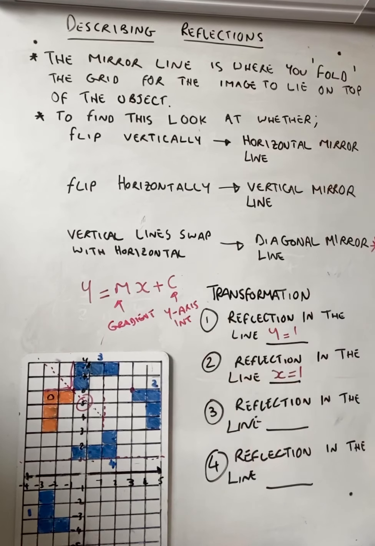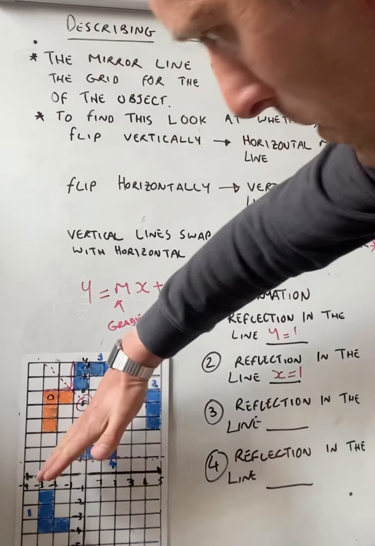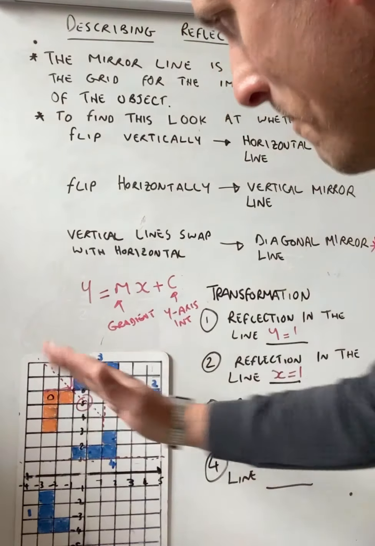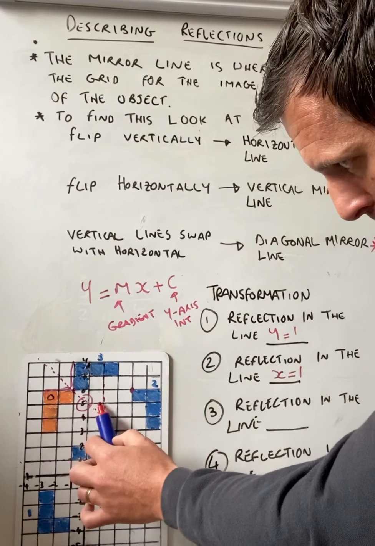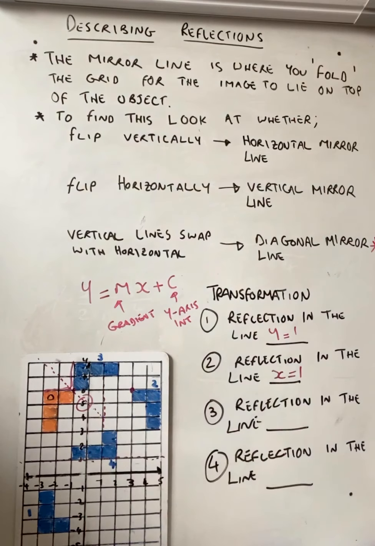Now, for the purpose of all of our transformations on a grid using diagonal lines, we're just going to use simple diagonal lines which have a gradient of +1, which is a positive gradient, or -1, which is a negative gradient, because it gets very, very difficult if we don't use those two diagonal lines. So this line has a negative gradient because if you go across a step of 1 to the right, you go down a step of 1. So the gradient is -1.